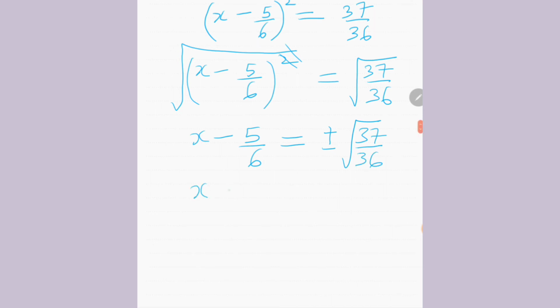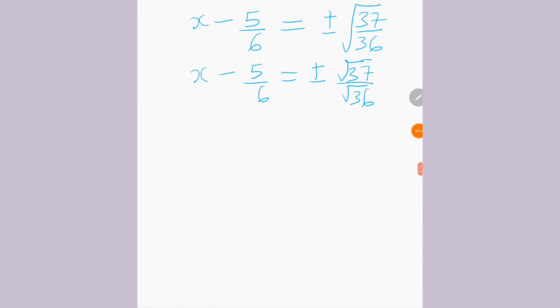I can split it because 36 is a perfect square, so I can just look for the square root of 36. Then you have x minus 5 over 6 equals plus or minus root 37 over 6, since the square root of 36 is 6.